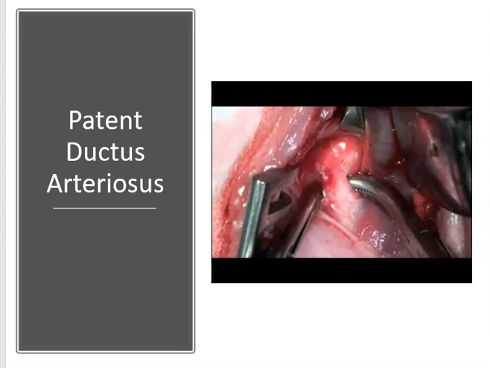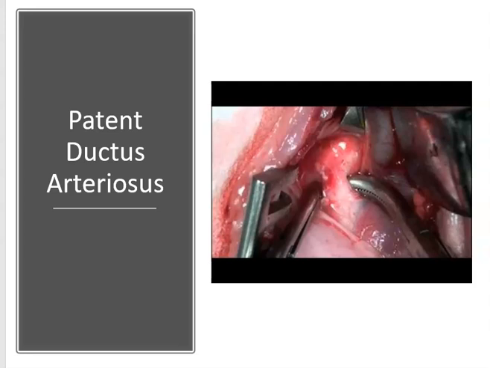However, the ductus arteriosus in some babies remains open, so they're patent, and this opening allows oxygen-rich blood from the aorta to mix with oxygen-poor blood from the pulmonary artery, and this can in turn put a strain on the baby's heart and increase blood pressure in the baby's lung arteries.